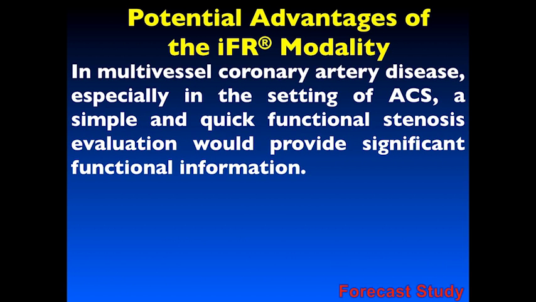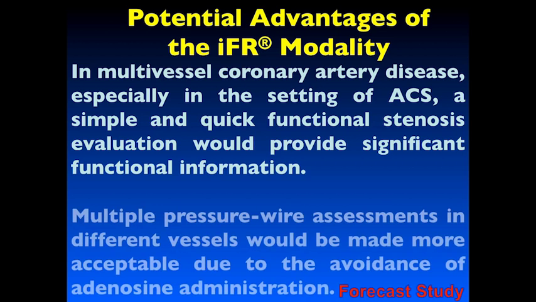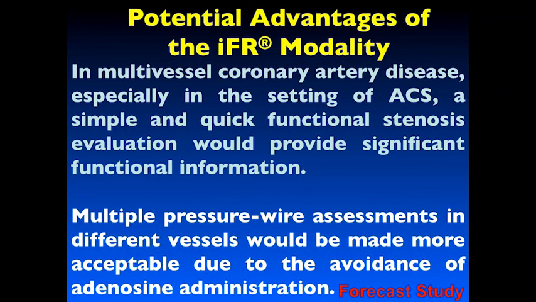In multivessel coronary artery disease, especially in the setting of acute coronary syndromes, a simple and quick functional stenosis evaluation would provide significant functional information. Multiple pressure wire assessments in different vessels would be made more acceptable due to the avoidance of adenosine administration.